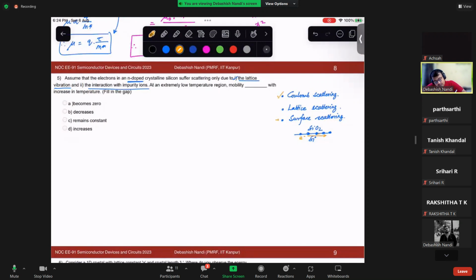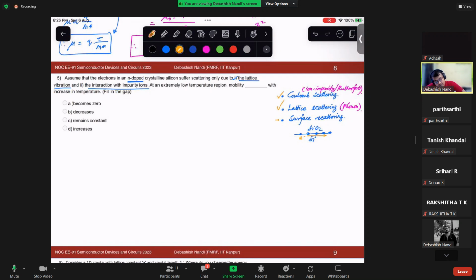These are the principal scattering mechanisms. Coulomb scattering is also known as ion impurity scattering or Rutherford scattering. Lattice scattering or phonon scattering, these are the same thing. Then you have surface scattering.